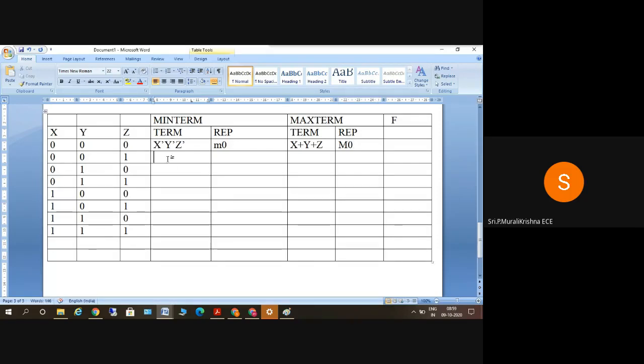In a similar way, what is the second one here? It is X plus Y plus Z bar. So it is the term M1.